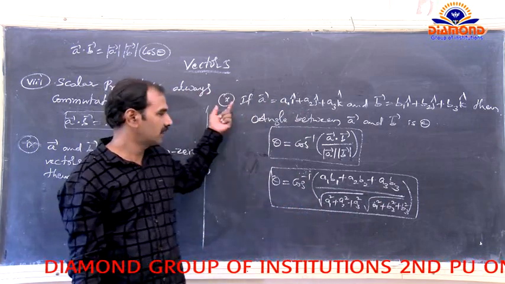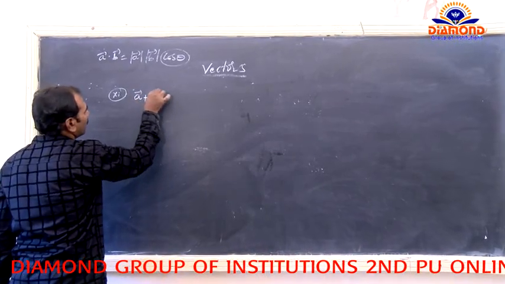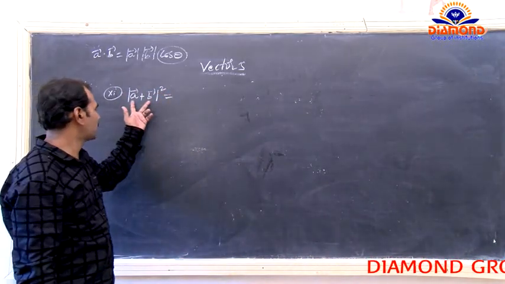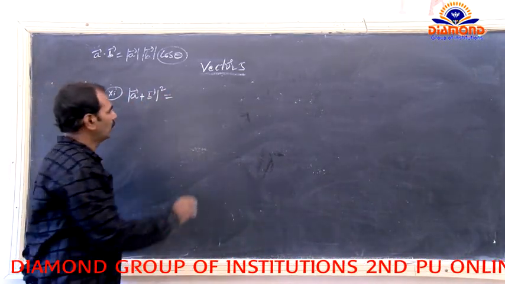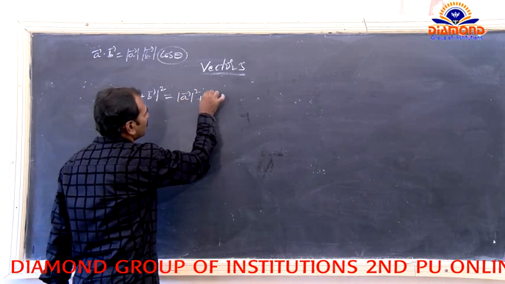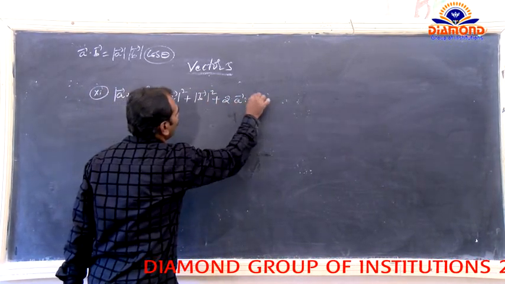Next we discuss the exercise. Magnitude of vector A plus vector B, whole square, equal to... It means just like (A plus B) whole square. You know its value is modulus of A square plus modulus of B square plus 2 A vector dot B vector.